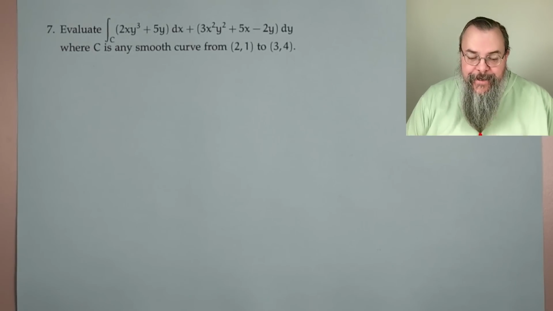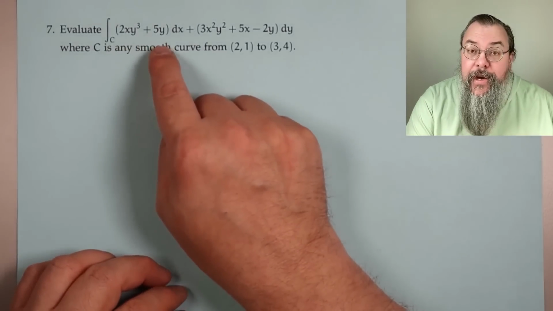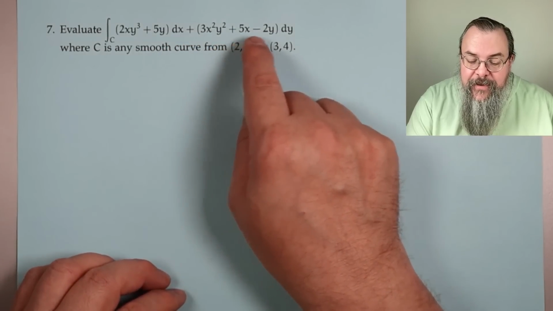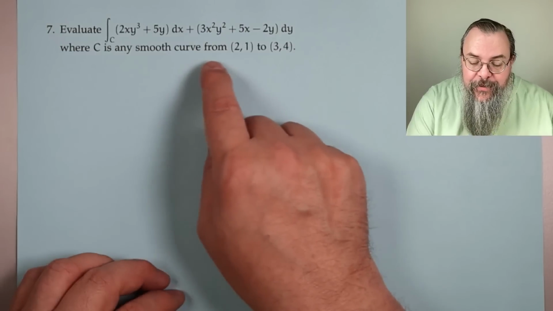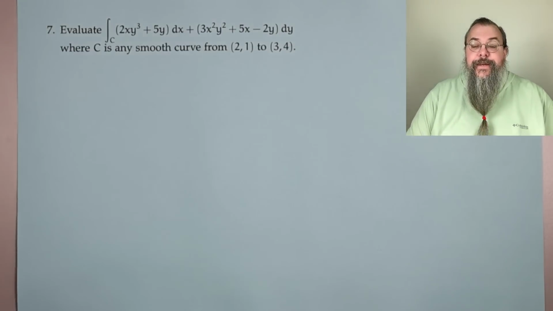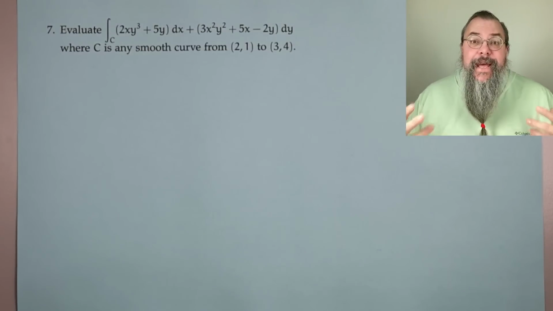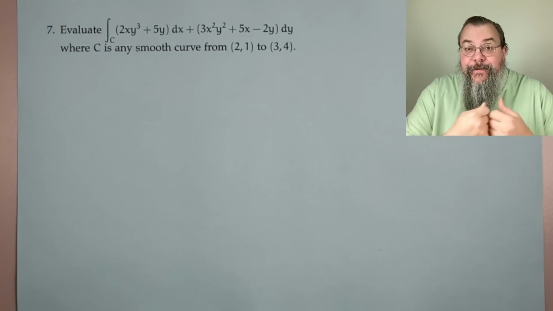Evaluate the integral along the curve of 2xy cubed plus 5y dx plus 3x squared y squared plus 5x minus 2y dy, where c is any smooth curve from (2, 1) to (3, 4). Now you might say, whoa, wait a second. We're missing information, right? They didn't tell us what the curve was.